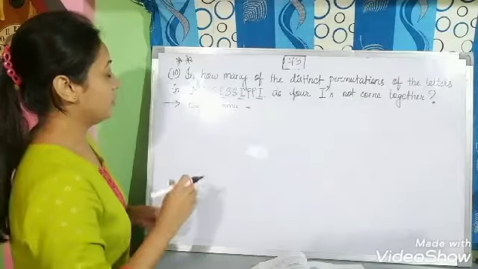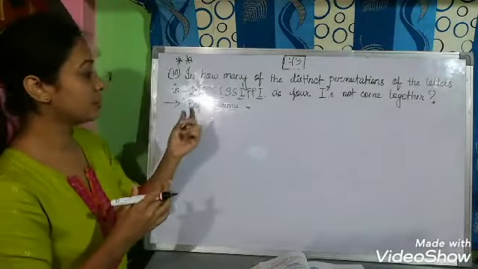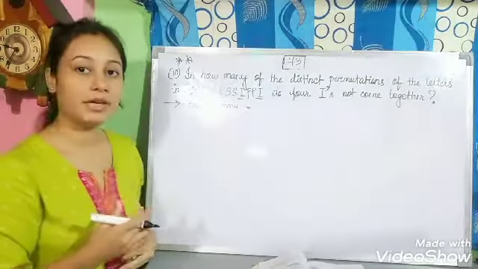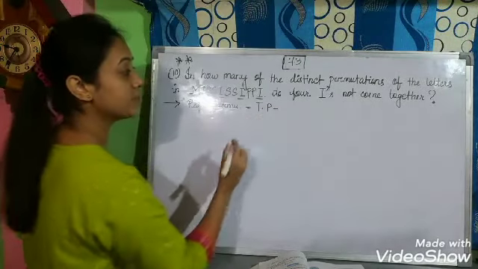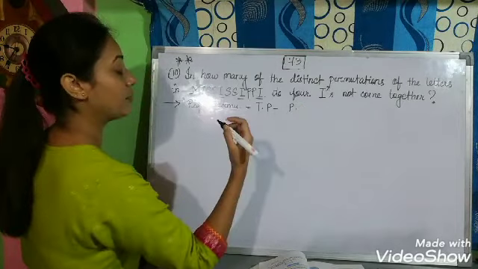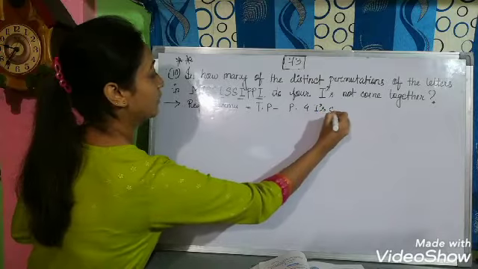Required permutations is equal to, first of all we will find the total number of permutations by which the letters of the word Mississippi can be arranged among themselves. So total permutations minus the total number of permutations where the 4 I's come together.